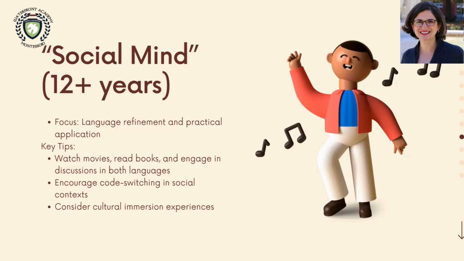Or, kind of like telephone, one person says something in a language, and then I understand it and say it in a different language to the next person, and get that train going. So there's a lot of fun, social ways to practice multiple languages, watching movies, reading books. These are all great things to do for this age group.